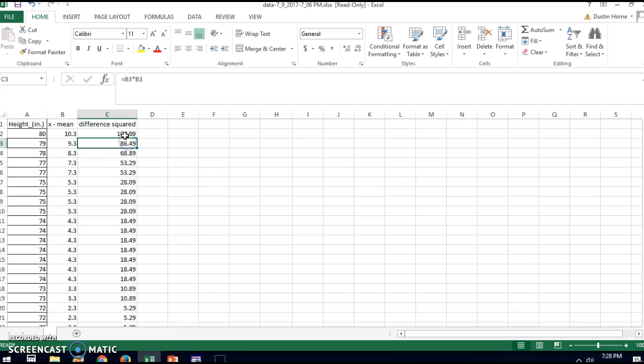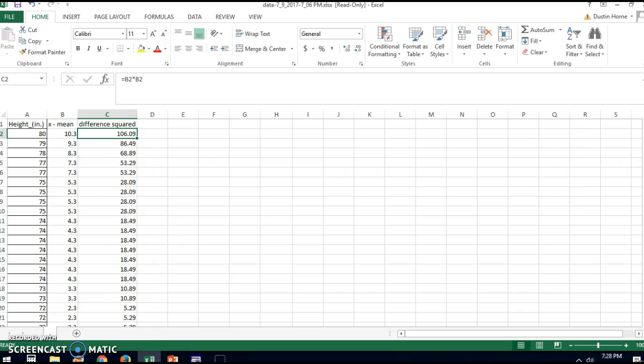Then I clicked on this one and I said equals, and I did this cell times this cell because I'm squaring it. So this number B2 times B2, and then I copy the formula on down. To copy it, you just click right here and you copy it on down.